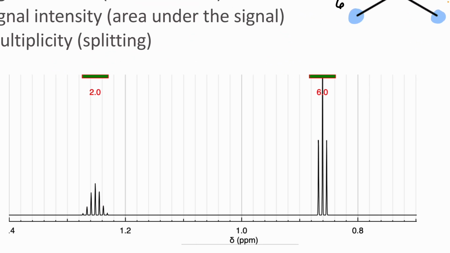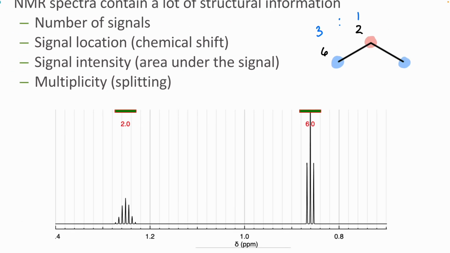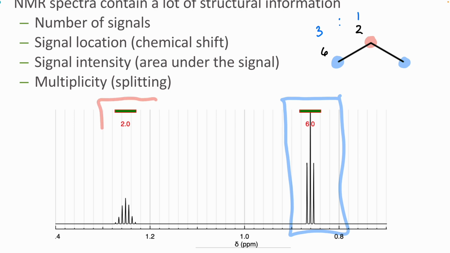This particular data set that I use actually tells you the number of hydrogens here. So, first of all, right off the bat, let's just convince ourselves that we see, in this case, clusters of peaks, but we see 2 distinct clusters of peaks. One corresponding to our blue group has that integration value of 6. The other one corresponds to our red group, has that integration value of 2, right?